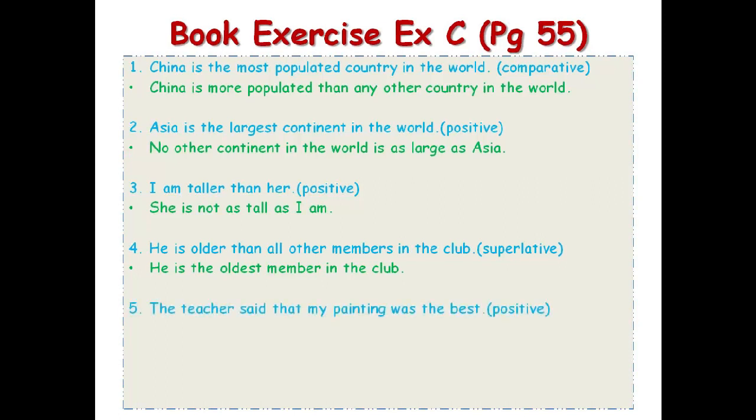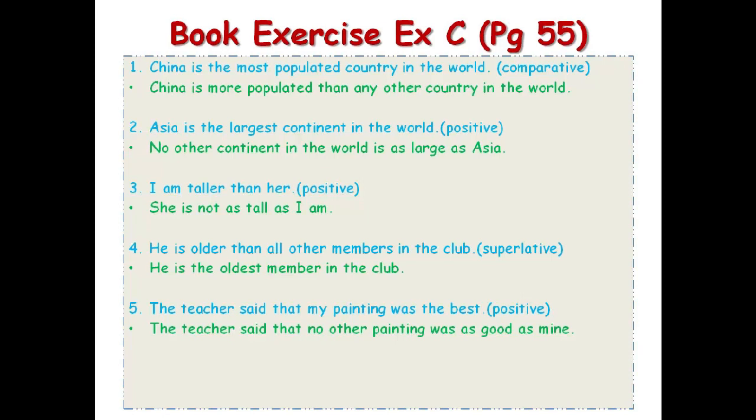The teacher said that my painting was the best. Now the adjective used is best, and best is the superlative degree of good. The question says that you have to change this into positive degree. So I can write, the teacher said that no other painting was as good as mine.